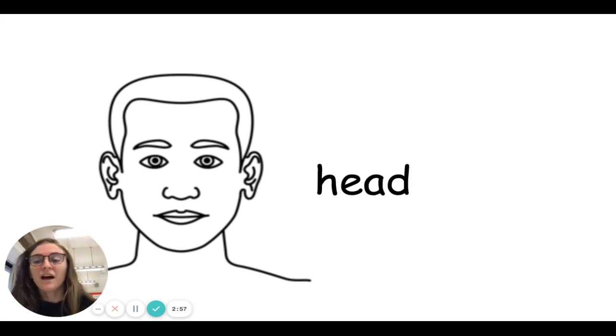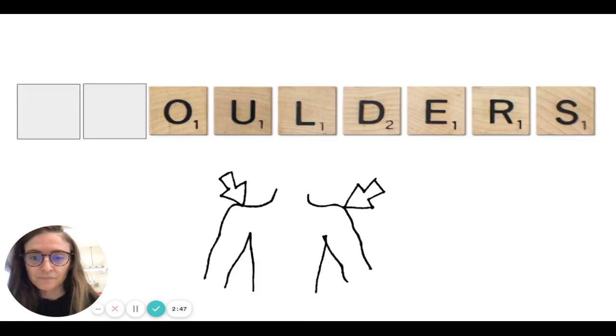Okay, good. On your quiz, you're going to have to fill in the blank with some letters. So make sure you know how to spell these words. Let's give you an example here. We have 2 missing letters, and we know the word. The word is shoulders. So how do you make the sh sound?